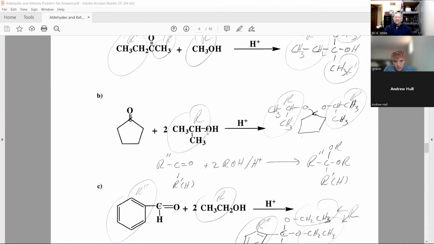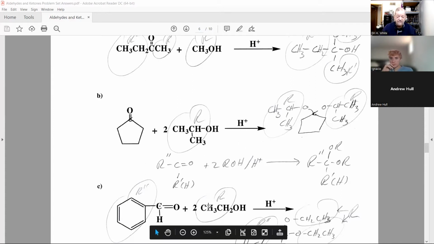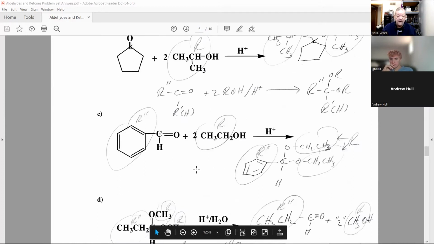Carbon, carbon, carbon hydroxyl, two alcohols, acid catalyst. And keep your eye on the carbonyl carbon. What's attached to it, R prime and R double prime. The ring is still attached. Then two oxygens, then R. What's R? Isopropyl. And if you notice, I've done the same thing, except I have an aldehyde.